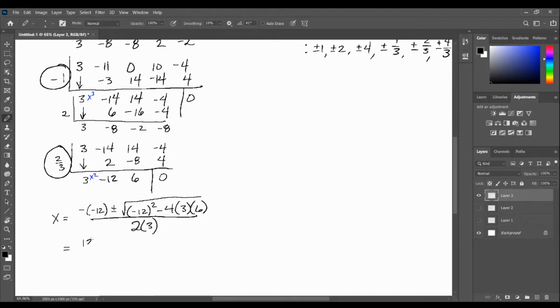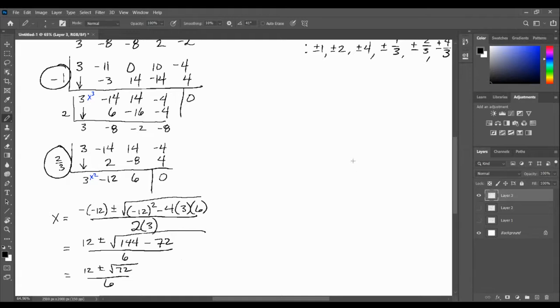So that would be 12 plus or minus the square root of 144 minus 4 times 3 is 12 times 6 is 72, over 6. So 12 plus or minus the square root of 72 over 6.